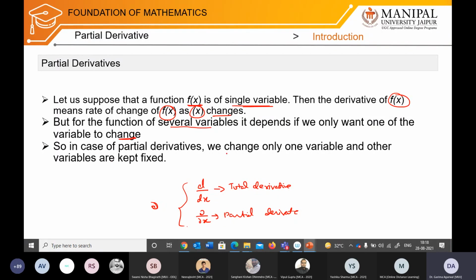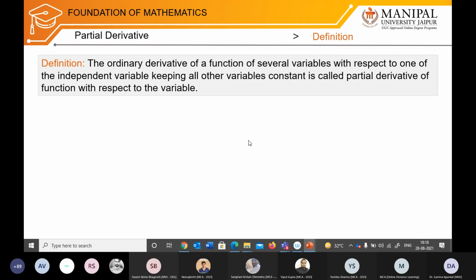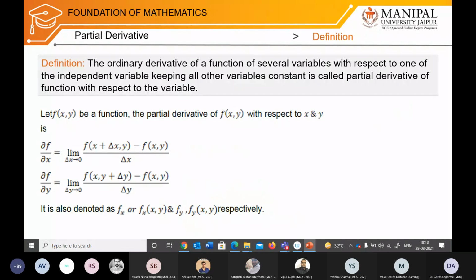So in the case of partial derivative, we change only one variable and other variables are kept constant. So this is the definition of partial differentiation, right?